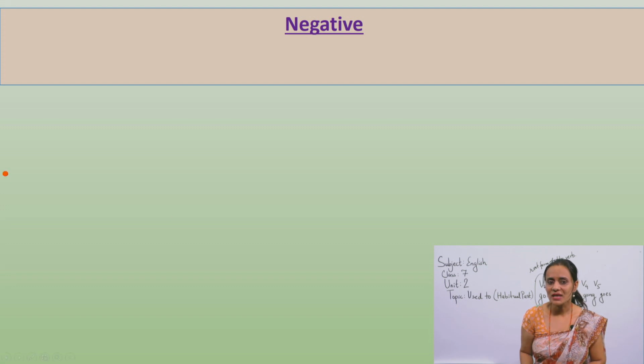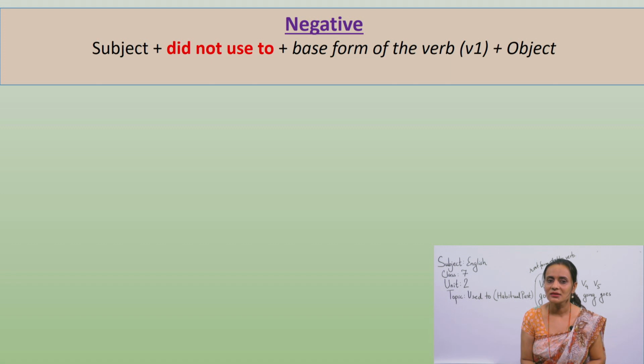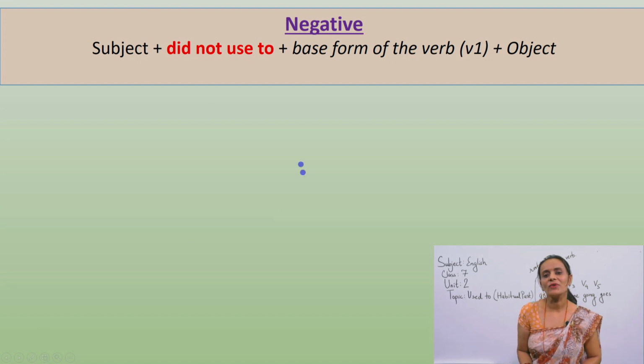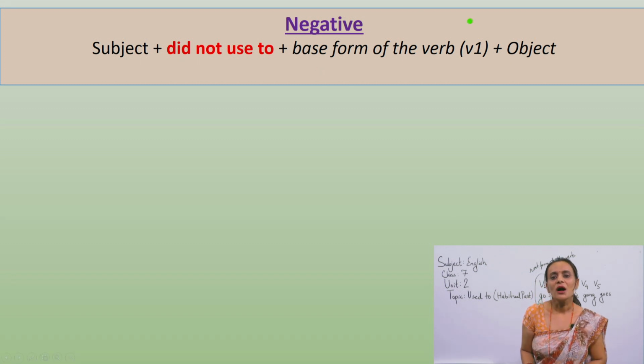Now let's go to another sentence type, that is negative sentence. Let's see the negative sentence structure. At first we have subject, and after that we have did not used to. Then the base form of the verb, and I have already told you we will always be using the base form of the verb while writing in the used to form. Plus object. Okay, let's see the example.